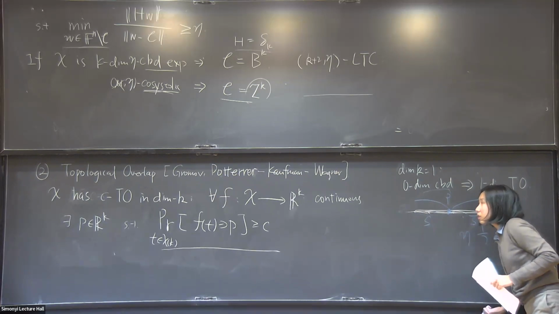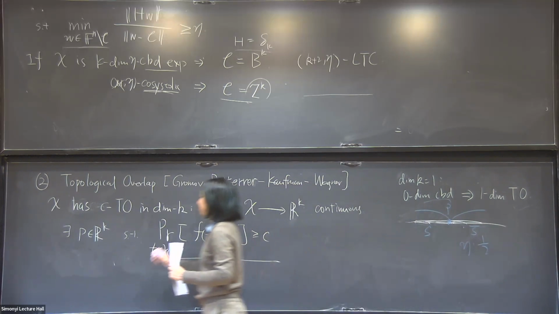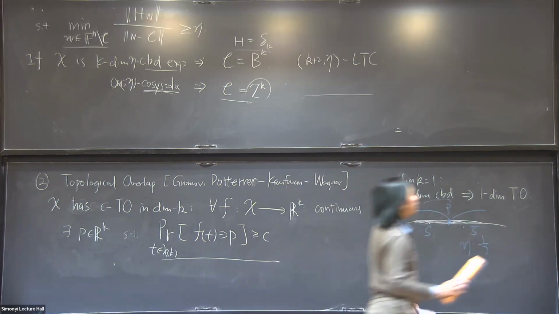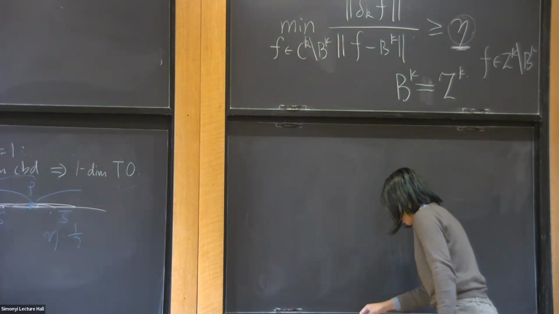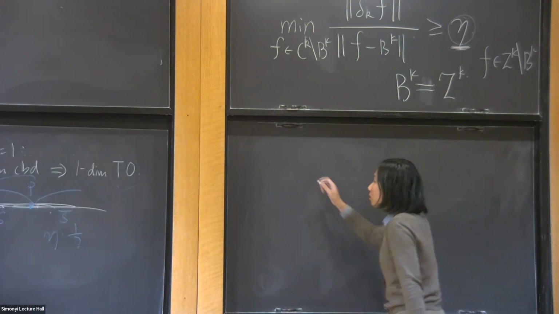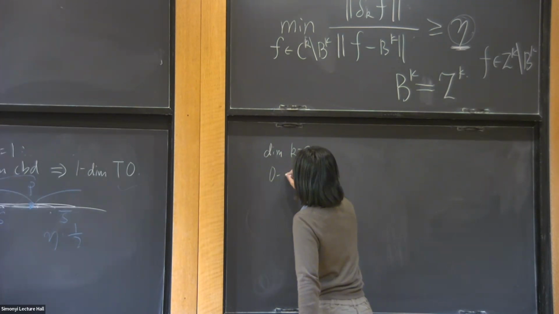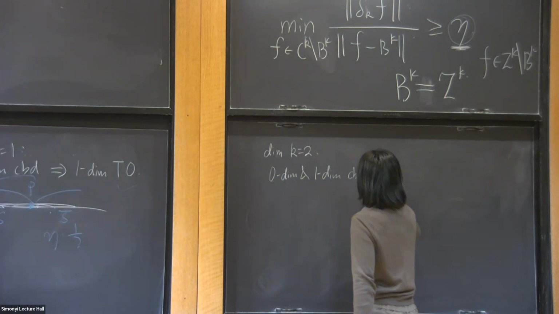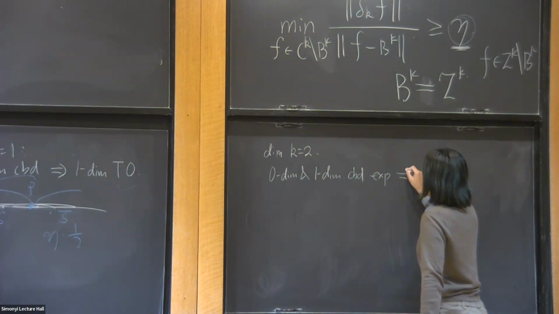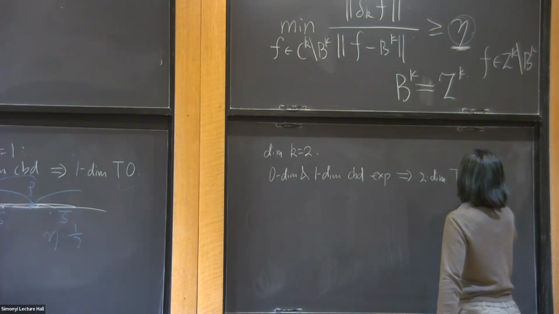I want to go one higher dimension, but maybe give some intuition. We'll see if it makes any sense. Okay. In general, for dimension 2, I want to say that zero dimensional and one dimensional coboundary expansion would imply two-dimensional topological overlap.